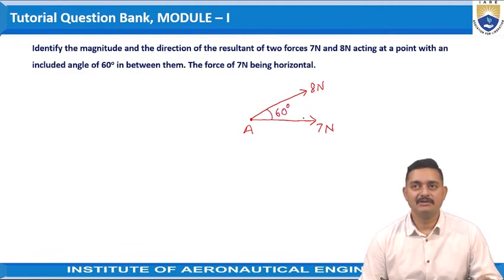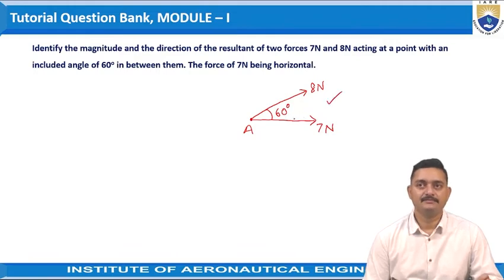So this is the problem given, and we need to identify the direction and magnitude of the resultant of these two forces. So as per the given problem, this would be the figure.